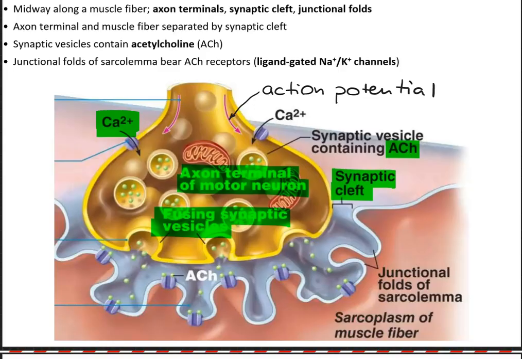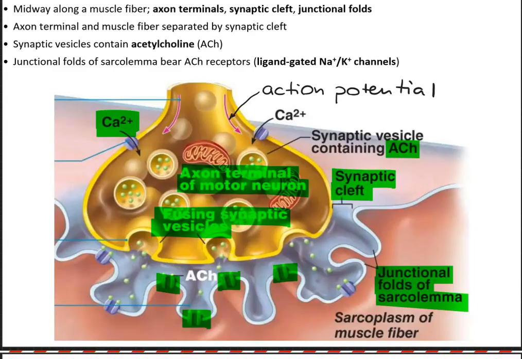Now the membrane, the sarcolemma at the neuromuscular junction, is folded in so-called junctional folds. When you see folds, what's the purpose? Exactly, increased surface area, which means there are a lot of the receptors for acetylcholine.